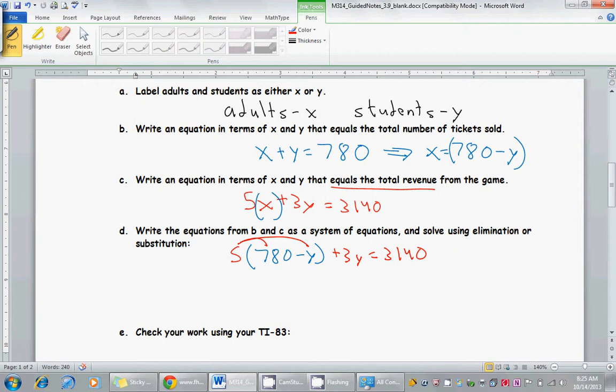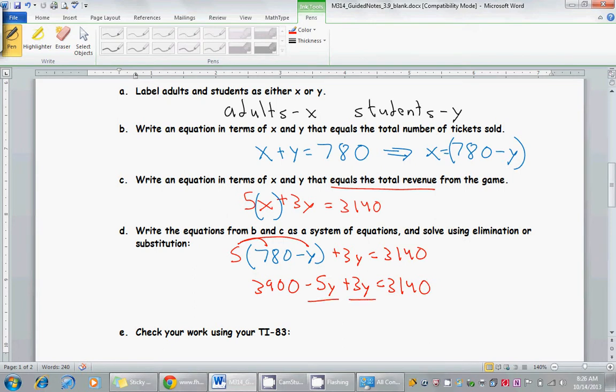Multiply, multiply, and so let's see, 5 times 780. Ooh, that's a big number. I think that's going to be 3,900 minus 5y plus 3y equals 3140.